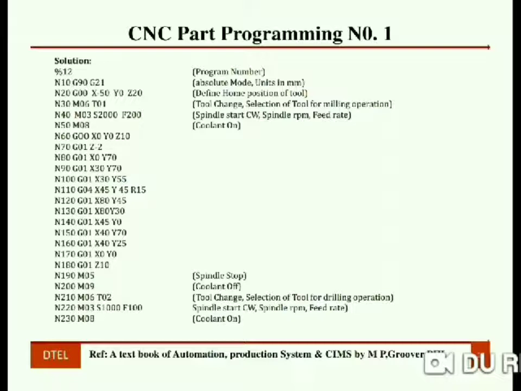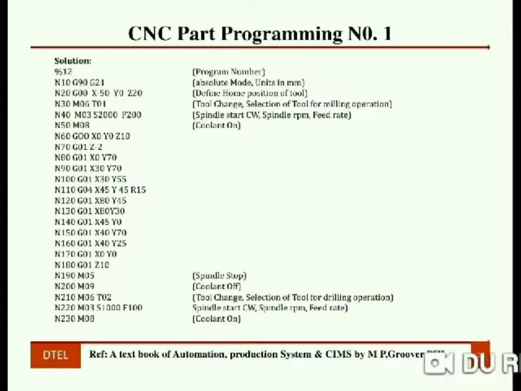Then N20, G00, X-50, Y0, Z20. This is the initial home position of the tool. So G00, X-50, Y0, Z20, that is defining here the home position of the tool.